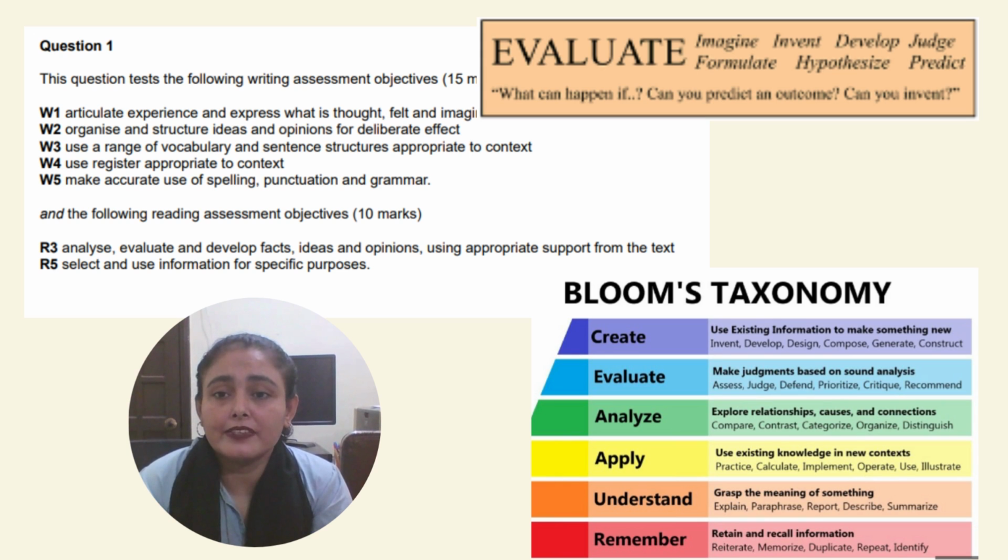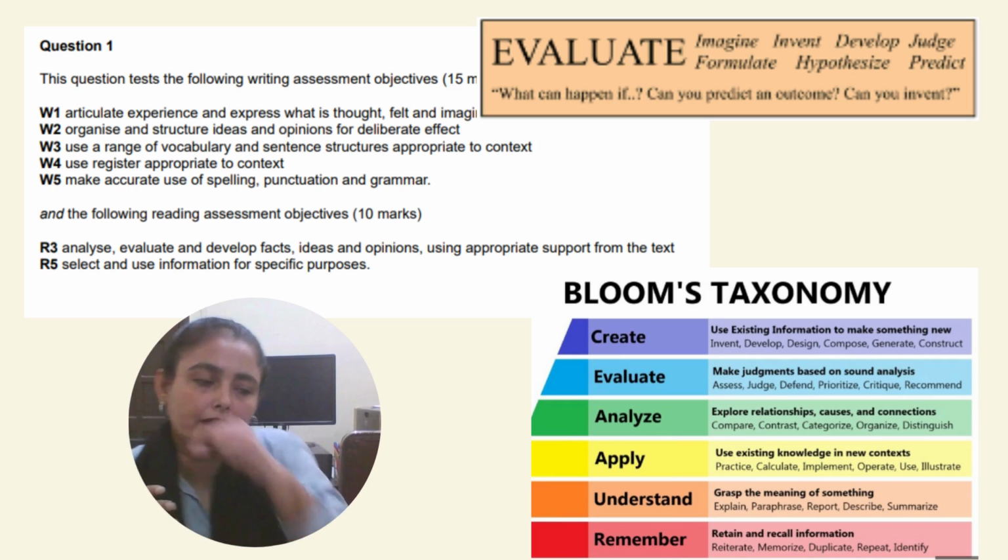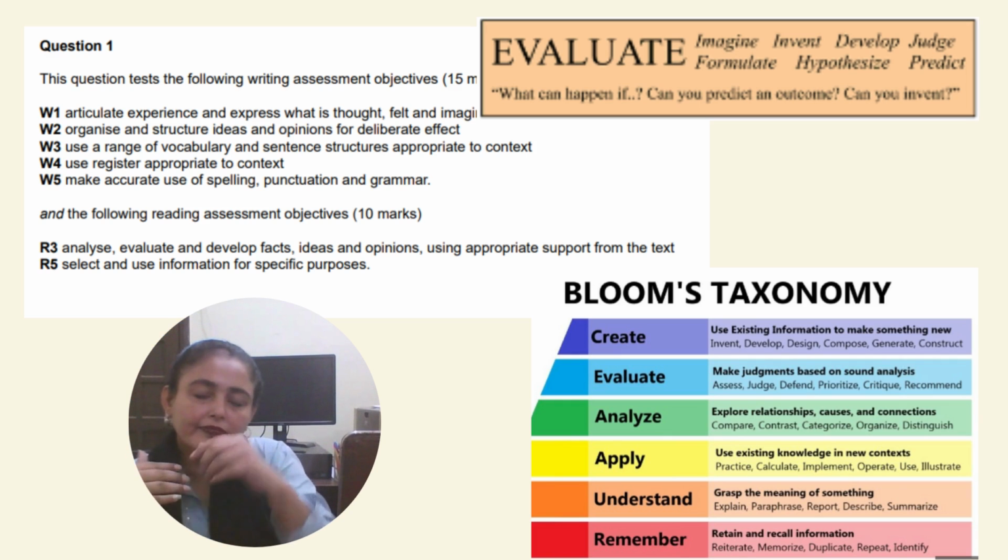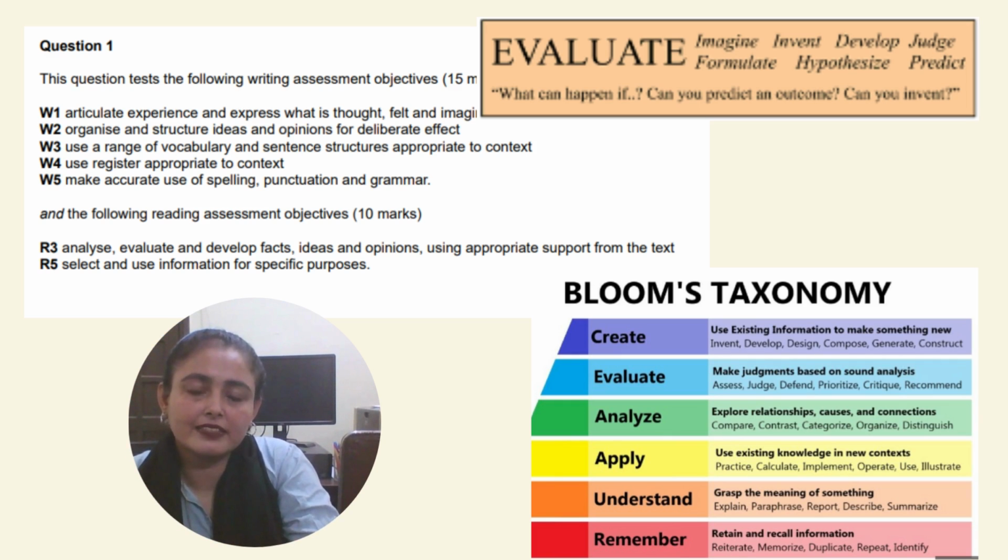Now, the first writing objective says: articulate the experiences and express what is thought, felt, and imagined. When you are connecting with the text, how are you feeling about this text? How did both of the texts make you feel?